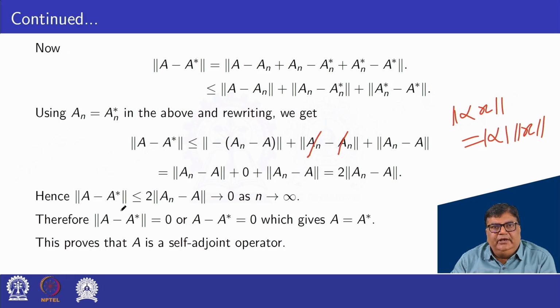Therefore, norm A minus A star is equal to 0. Therefore, A minus A star is equal to 0, which gives A is equal to A star. This proves that A is a self-adjoint operator.